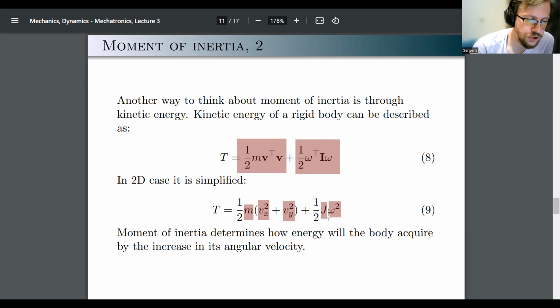So moment of inertia determines how much energy the body acquires by an increase in angular velocity. That I think is a good insight.